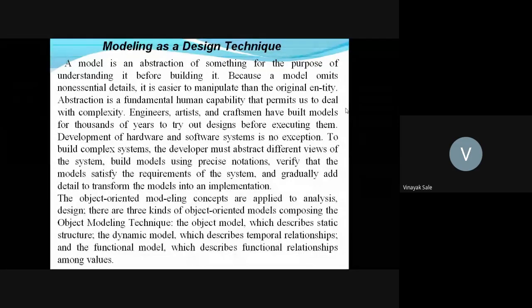So the model is an abstraction of something for the purpose of understanding it before building it, because a model omits non-essential details. It is easier to manipulate than the original entity.